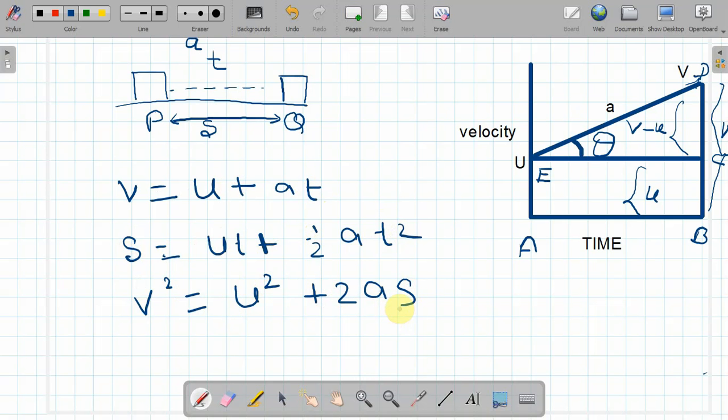In all the three equations of motion, always remember one very important thing, that acceleration is constant. This A is constant. What does that mean? That means the particle can keep changing the velocity.